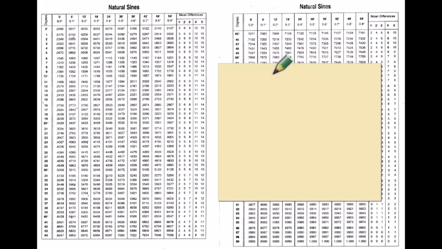Now if you remember, we had said sine of 30 degree. If you try to find sine of 30 degree here, this is natural sines. I told you to look at this column, this is 30 degree 0 minutes, and that is 0.5000. This is how I said.